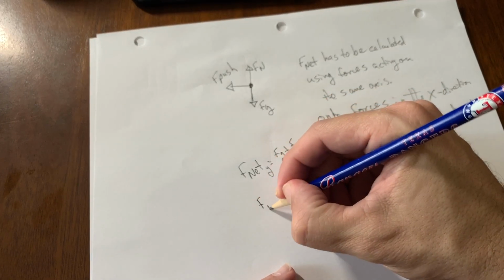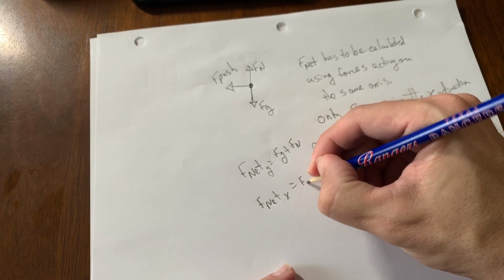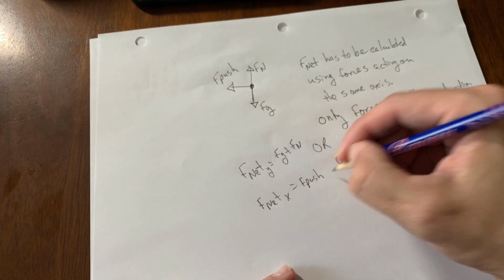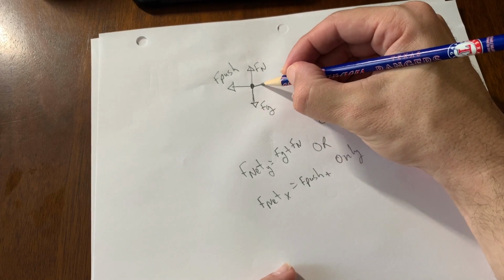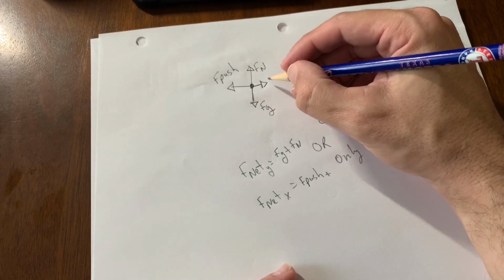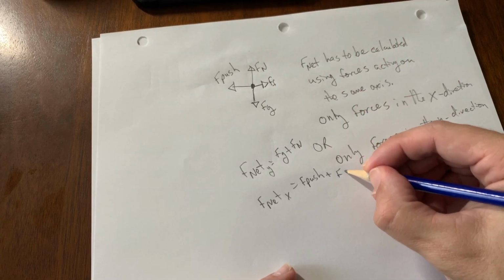The net force in the x direction is equal to the force of the push plus, if we actually considered friction, which always opposes the direction of motion, a force of friction here as well.